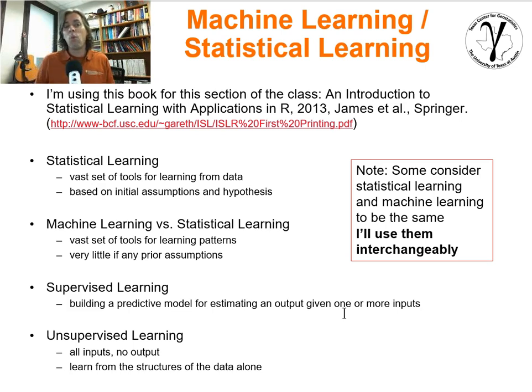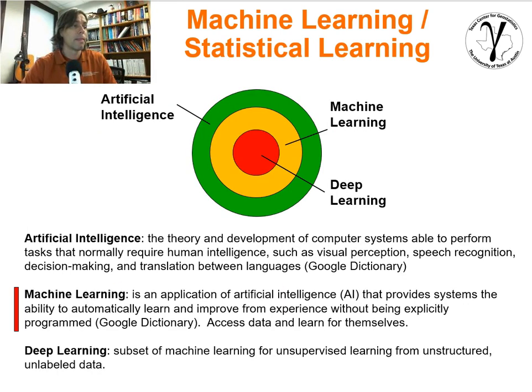It's like we're doing y equals f(x), where x is a bunch of different variables, but we don't have a y. We don't have a specific output. And so what we're trying to do is just learn about the structures directly from the data alone without concern about trying to make a prediction of something with it.